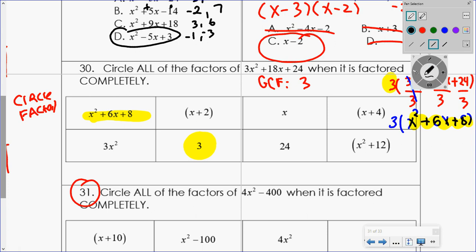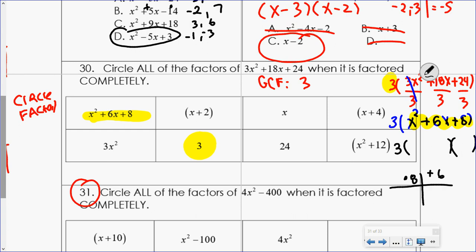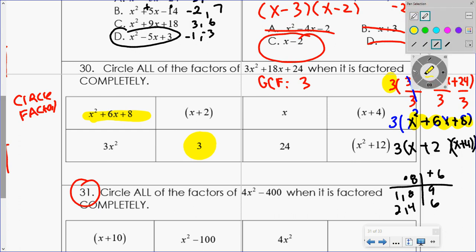Next, I need to factor this polynomial inside. So I'm looking for two numbers. They multiply to 8, but add up to 6. So it's going to be a short list. So 1 and 8 equals 9. 2 and 4 equals 6. So x plus 2 times the quantity of x plus 4. So I'm going to go find my factors.